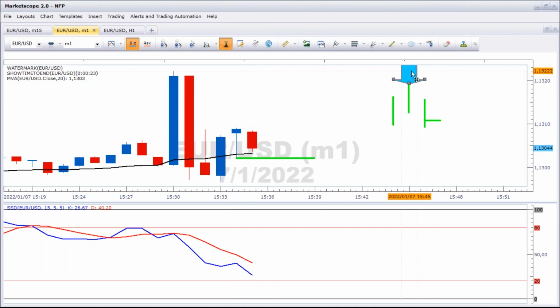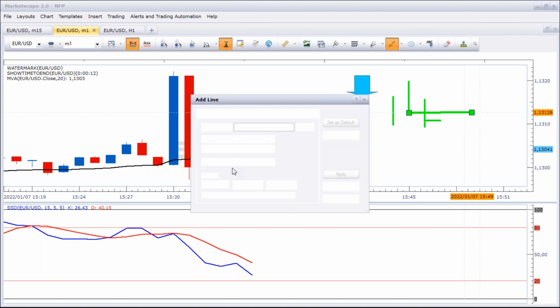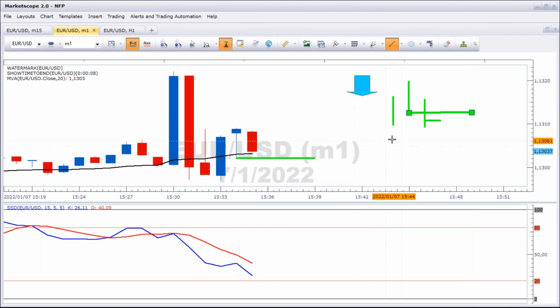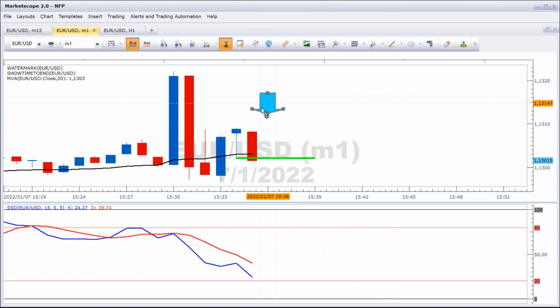Then we're looking for the next candle to move below the reference candle's low and close below it, which is effectively below the green horizontal. That's why I've put that in. So that's the entry criteria, and we're getting pretty close to that. All right, so we're going to put in a position here and see if we can make it work for us.